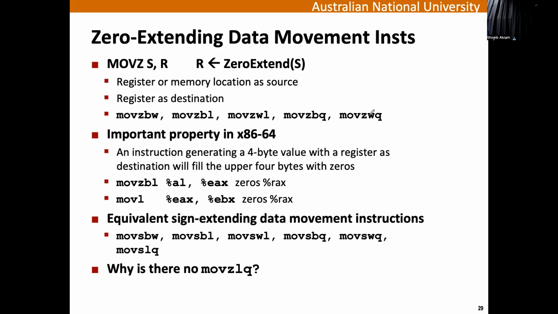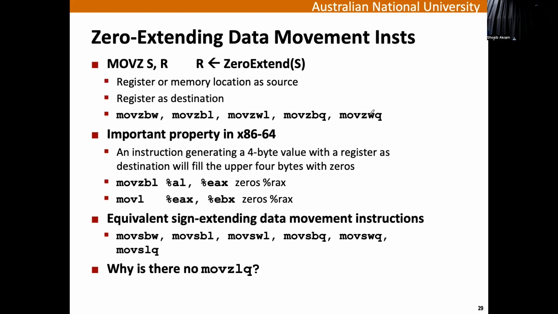We have more of these instructions. We have BW, which takes a byte and moves it to a 16-bit register. BL, 4 bytes to 32 bits. WL, BQ, and WQ.